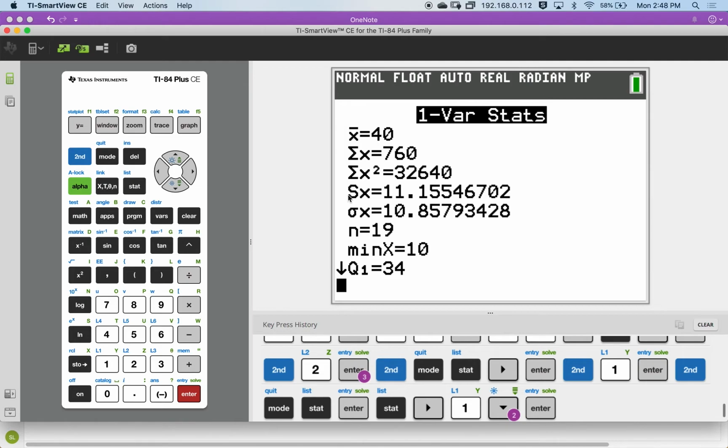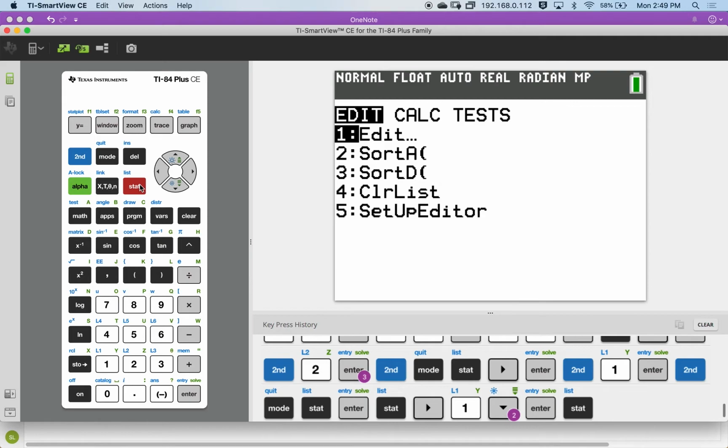Okay, now I'm not saying that that's a very mathematical way to remember that, but that's how I remember. So the sample standard deviation is 11. That measures the spread of the data. Now I can also calculate the range and the IQR. So let's remember that 11.1 is the standard deviation.